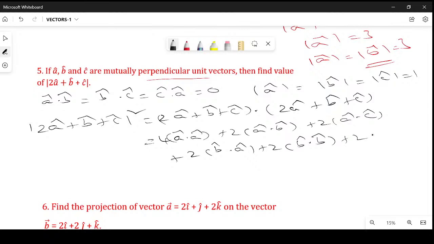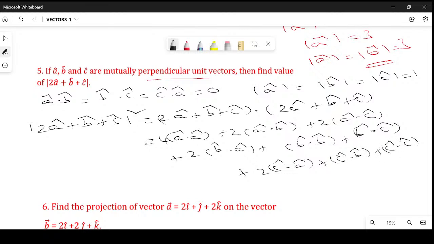Plus b cap dot c cap. And the third one: 2 into c cap dot a cap plus c cap dot b cap plus c cap dot c cap.